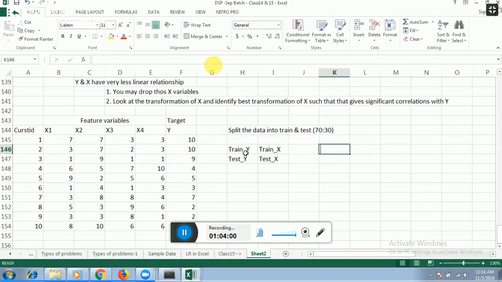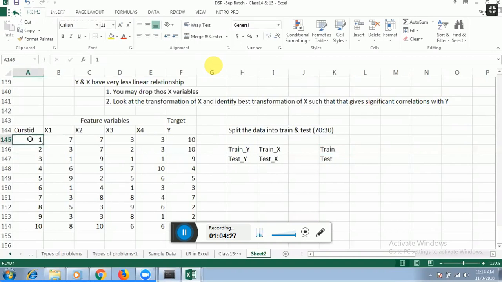And the other one is where both X and Y will be there in a single data frame, but you are splitting the data into train and test. Does that make sense?